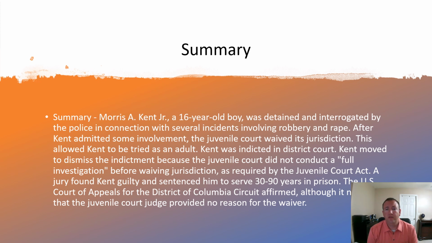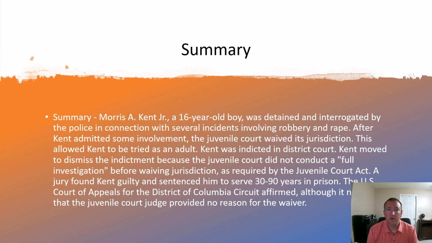The court ended up waiving its jurisdiction and sending this case to the district court without doing a full investigation. Kent's lawyer claimed that this was in violation of the Juvenile Court Act. But regardless, the district court found him guilty. The jury found him guilty and sentenced him to 30 to 90 years in prison.